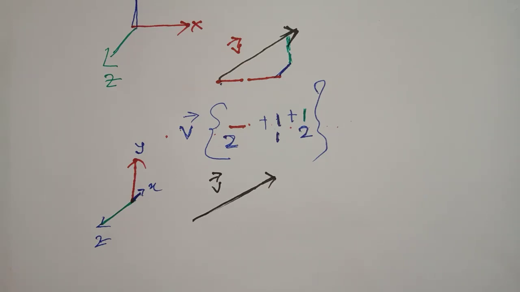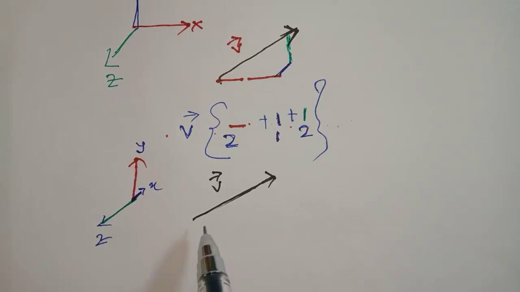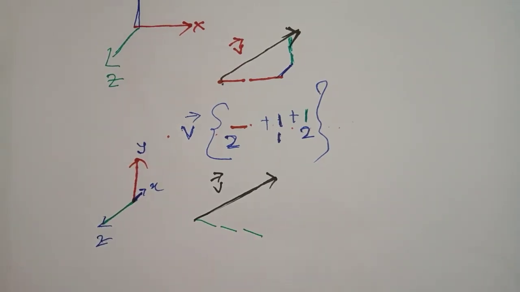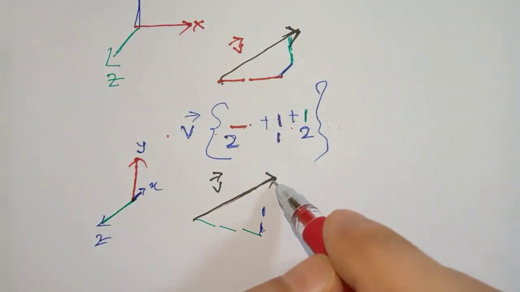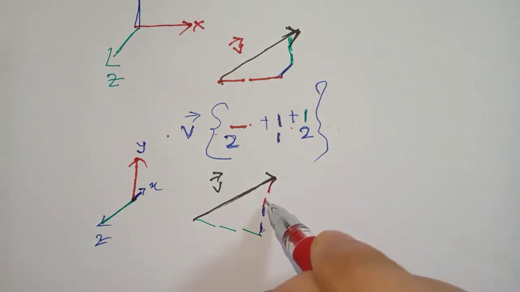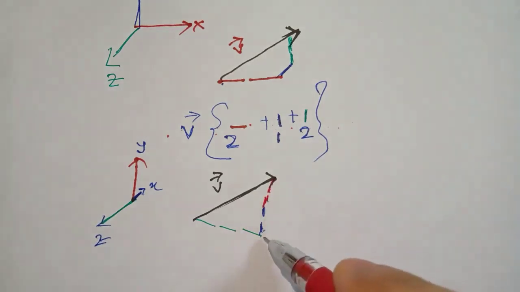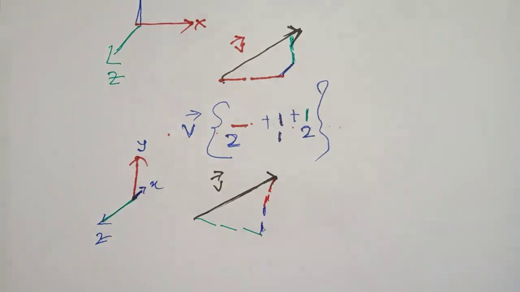For the z part, say for example this one, we need say 1, 2, and 3, right? And for the blue part, we need say 1, 2 in this way, and we need the red one, which would be joining this and this, right? So this way and a little bit this way and this way.